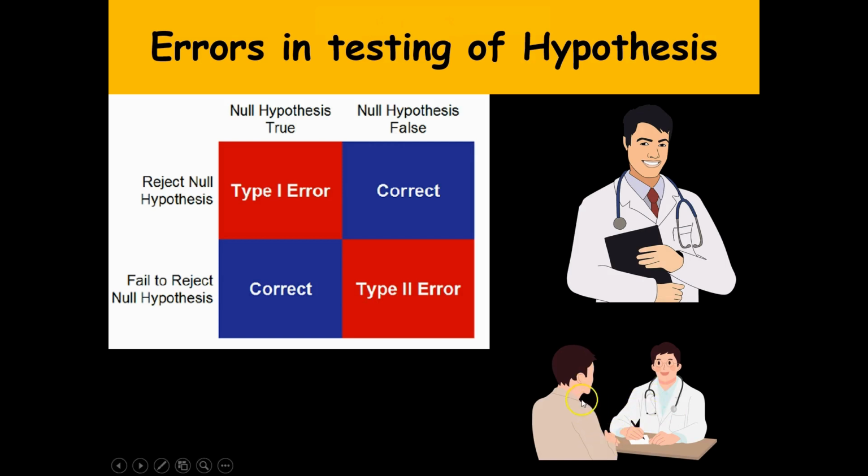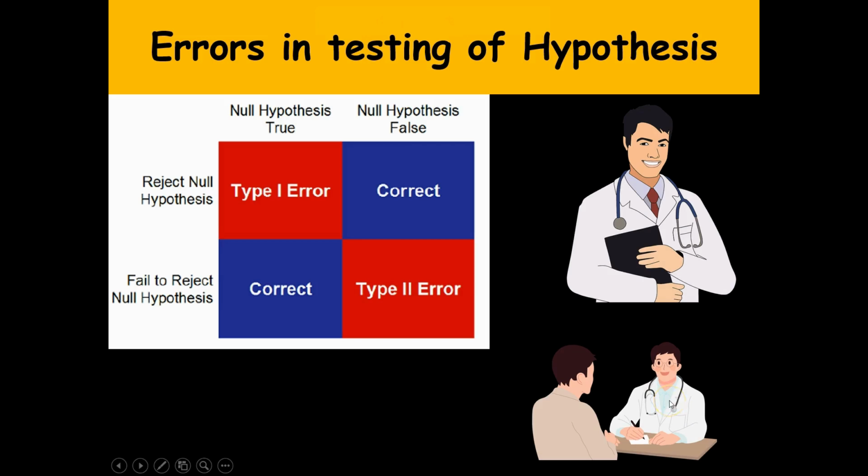But the patient, instead of consuming the medicine, is not taking it and is using home remedies. In this case, the claim or prescription given by the doctor is true, but the patient is rejecting it. That means this is a clear example of type 1 error.